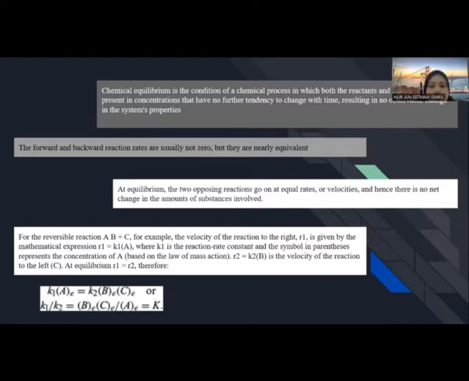R2 equals K2[C] is the velocity of the reaction to the left. At equilibrium, R1 equals R2.